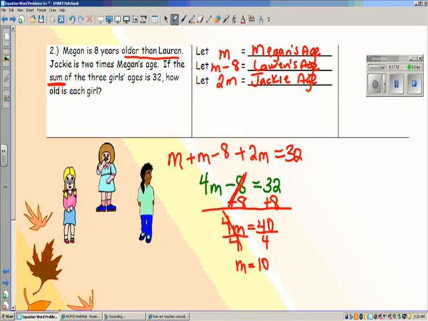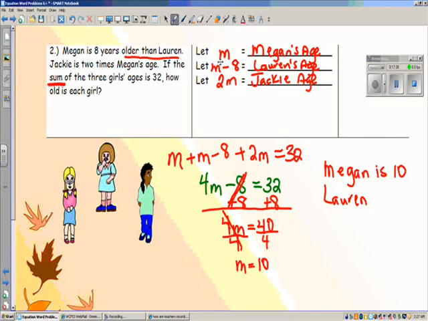So what is this telling us? M we've already represented as Megan's age. So Megan is 10. How old is Lauren? Here's our expression.